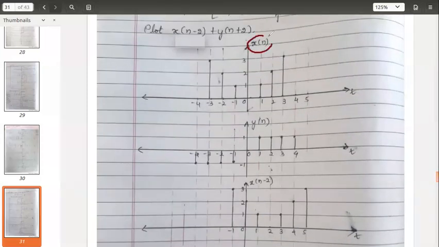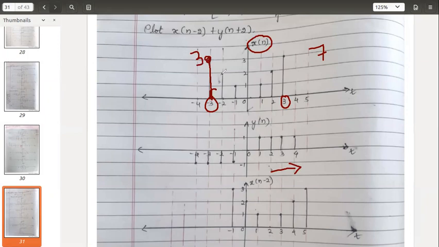Original signal x of n, you check it, the range is between minus 3 to plus 3. Totally 7 samples are there. So if you shift the signal, n minus 2 means it is to the right side. So each sample value should be shifted to the right side. You observe at minus 3, you have the amplitude 3.